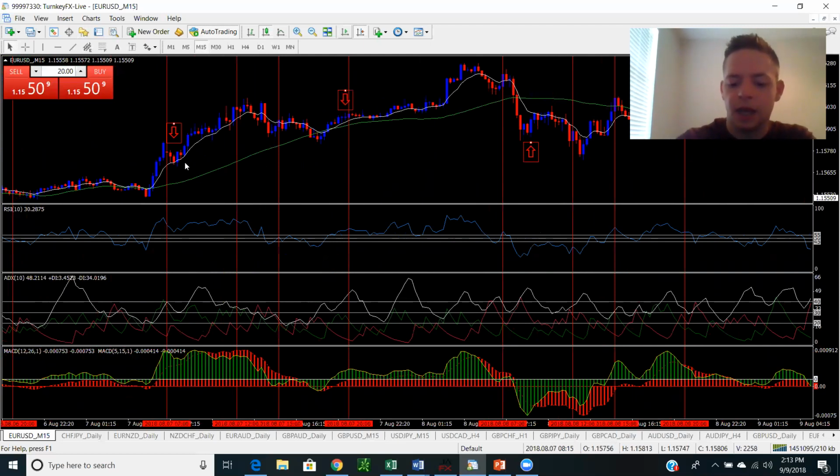If I have a trade setting up in real time and I'm not sure, I can go back and ask, does this look like any of the other previous trades? If it does, you can take the trade. If not, you can sit out. It's no big deal to miss a trade.